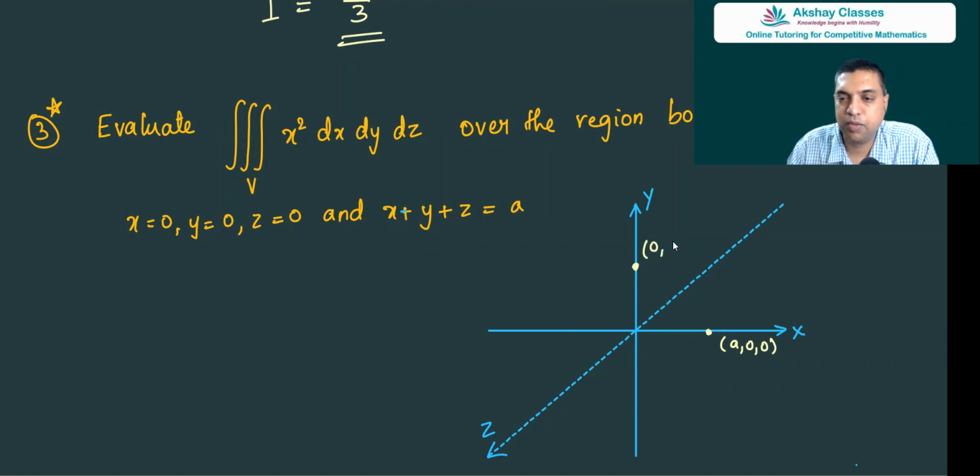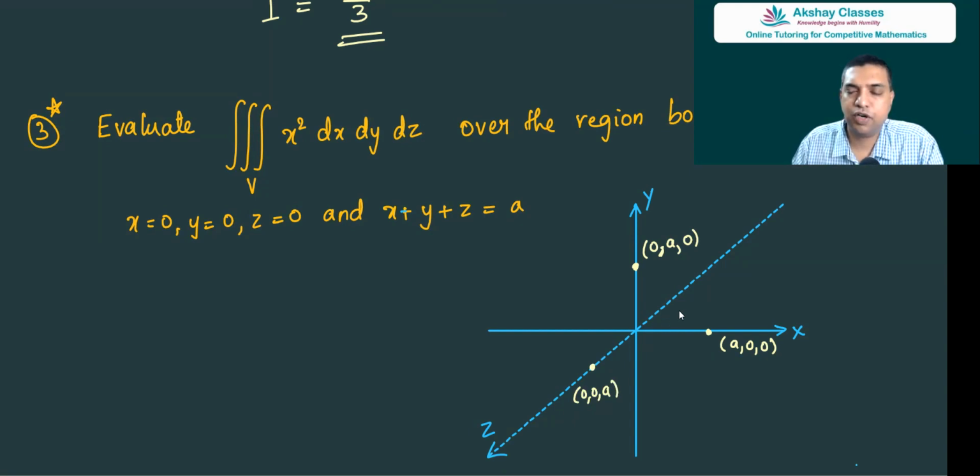So this is 0 comma a comma 0. And the last one, 0 comma 0 comma a, right?